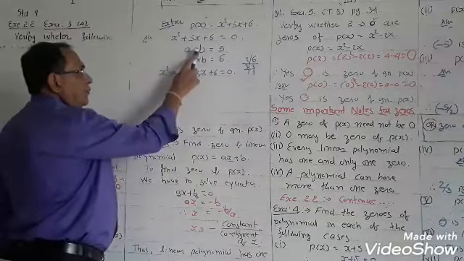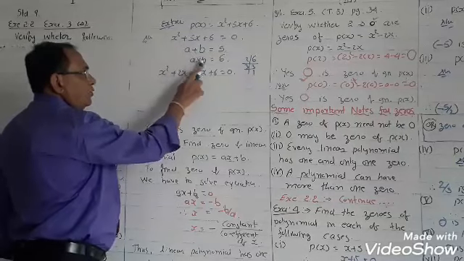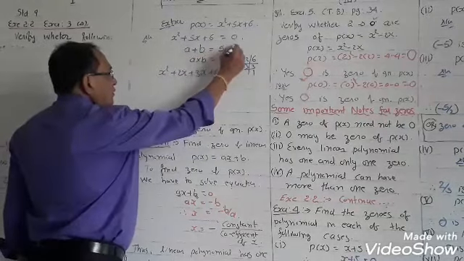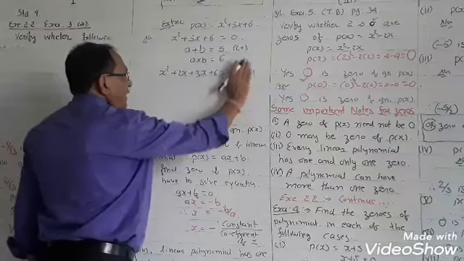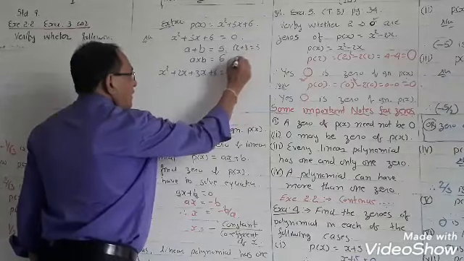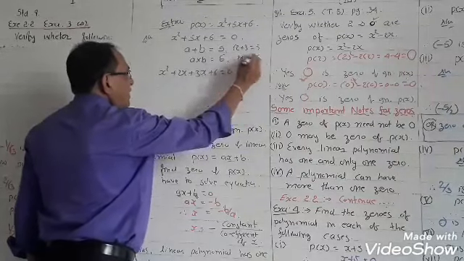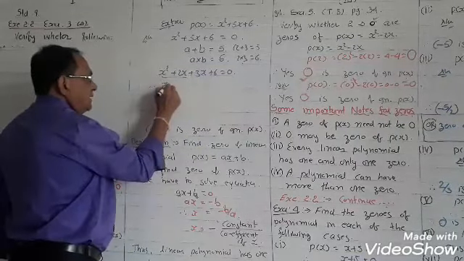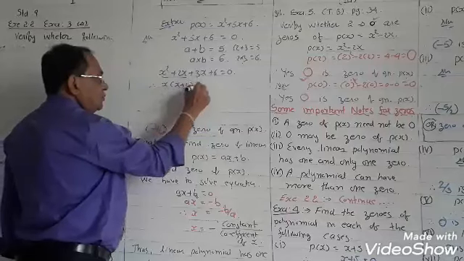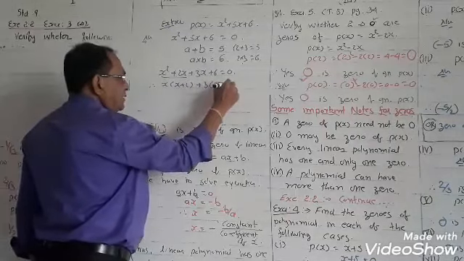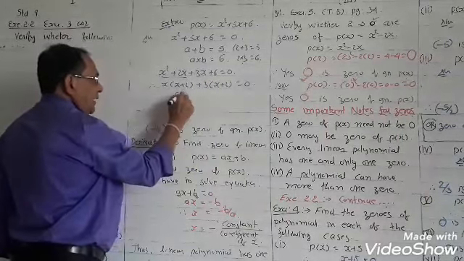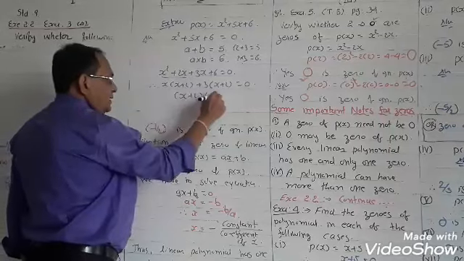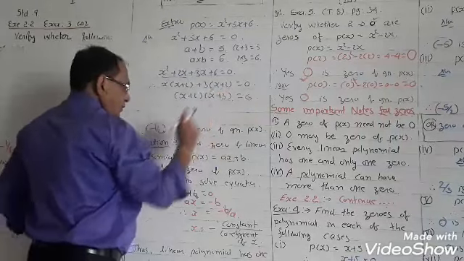See here, 2 plus 3 is 5 and 2 into 3 is 6. So take x common: x plus 2 and 3 common, x plus 2. x plus 2 times x plus 3 is equal to 0.